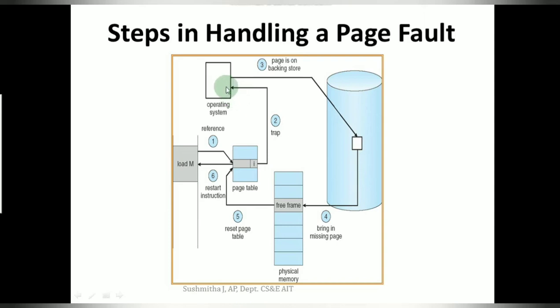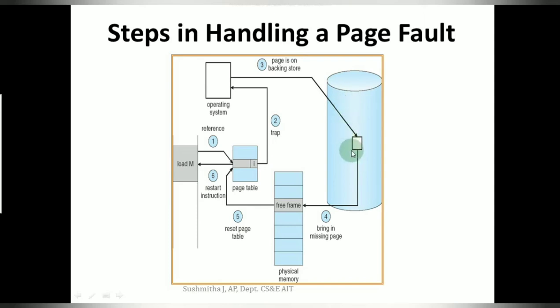Now the operating system is going to check whether it is a legal address or an illegal address. If it is a legal address, then we will have to check that it is there in the secondary memory. If it is an illegal address, probably the process shall be terminated. When it is a legal address, the page should be there in the secondary memory.